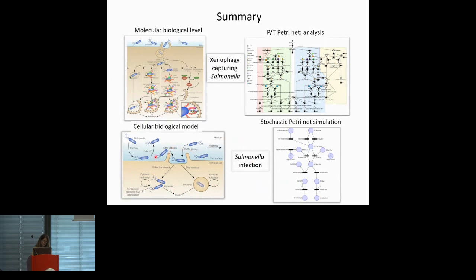And then I introduced the cellular biological model for salmonella infection, and we performed a stochastic salmonella Petri net, which we simulated, and here we could show a good agreement with the experimental data. And here we verified the model using an invariant analysis and also the in silico knockout analysis.